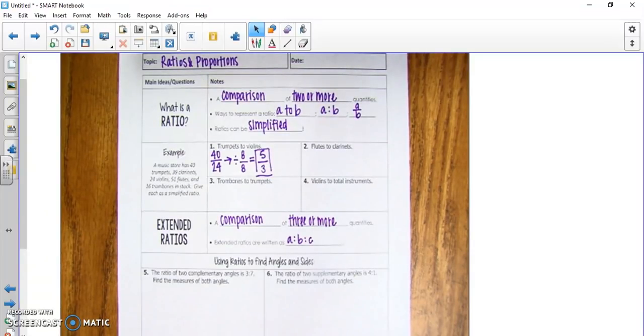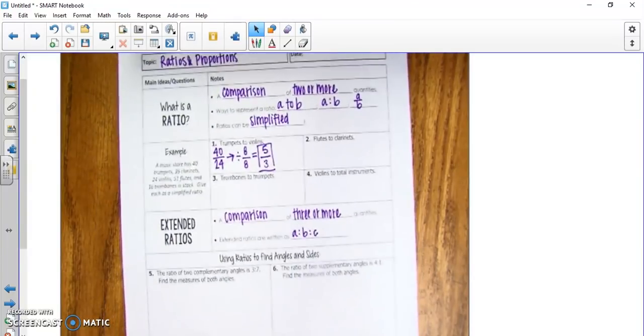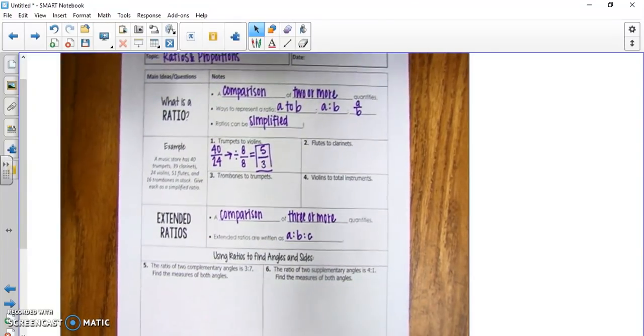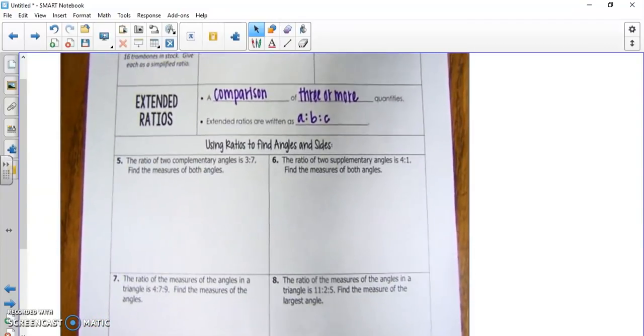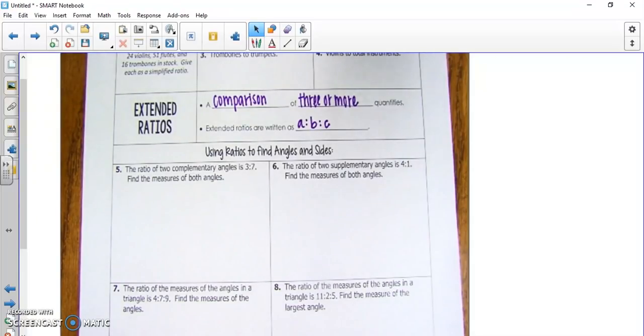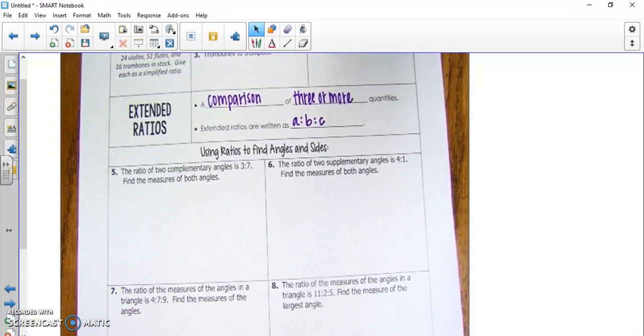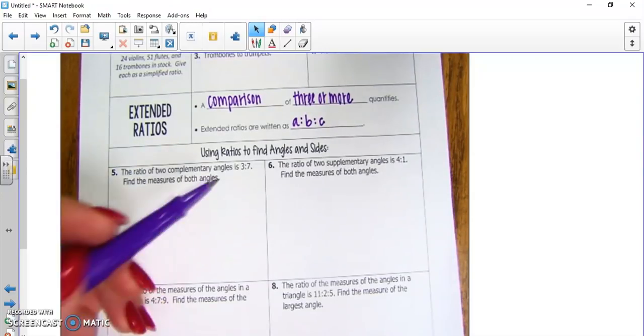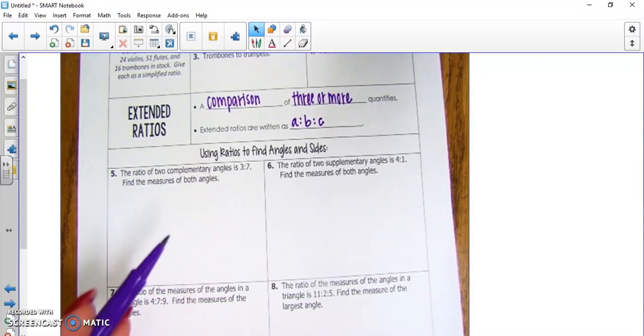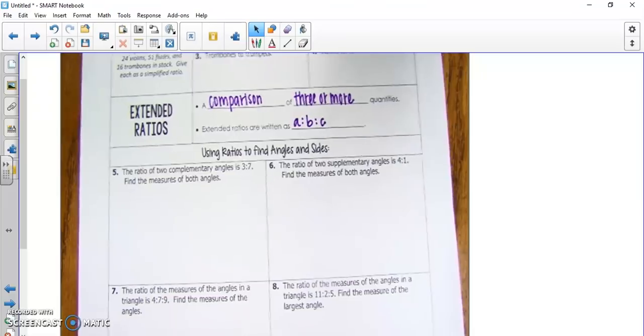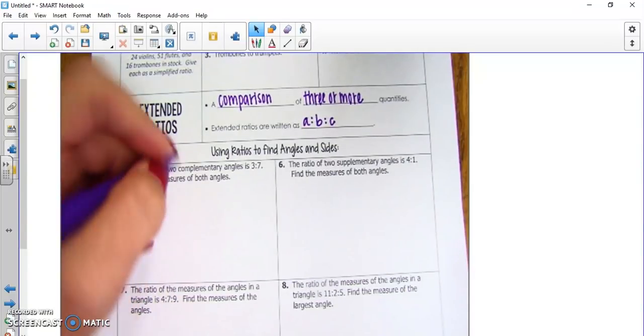Alright, so when we are using ratios to find angles and sides, when we first look at number 5, we have the ratio of two complementary angles is 3 to 7. So we know that a complementary angle is going to be 90 degrees. So when we are given the ratio, and then we need to find the measure of both angles, we're just going to make an equation.